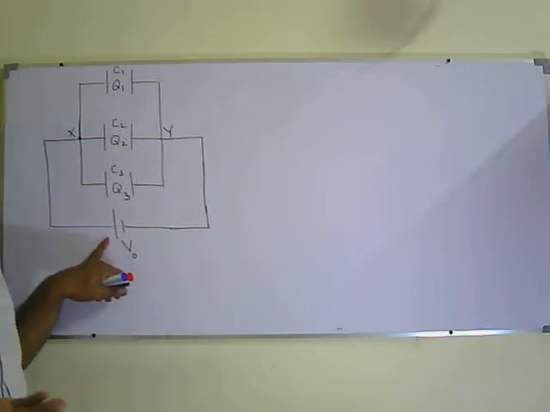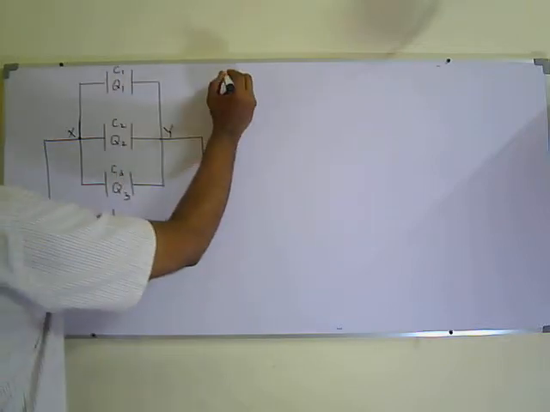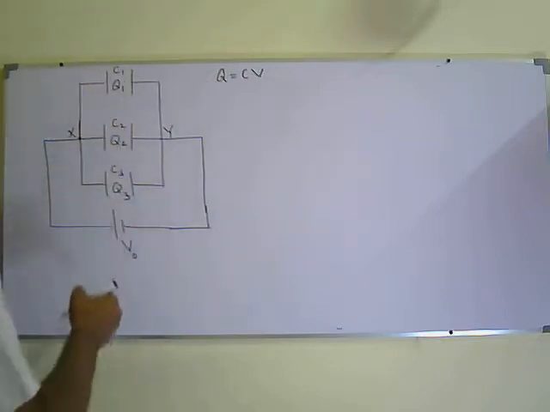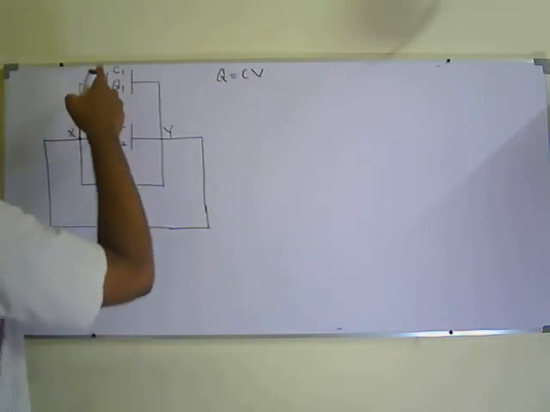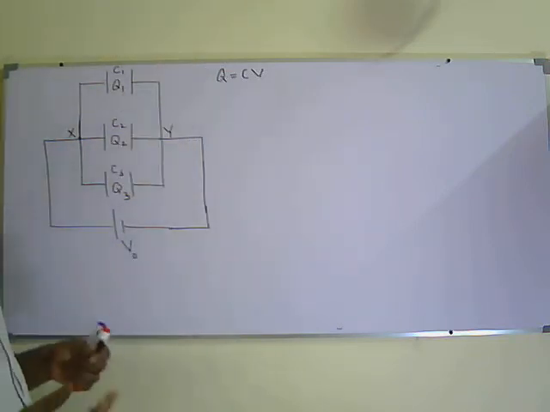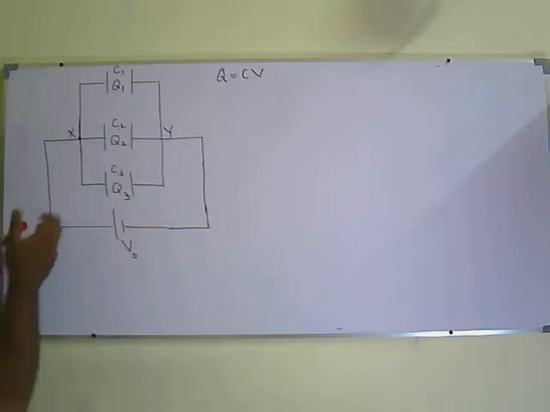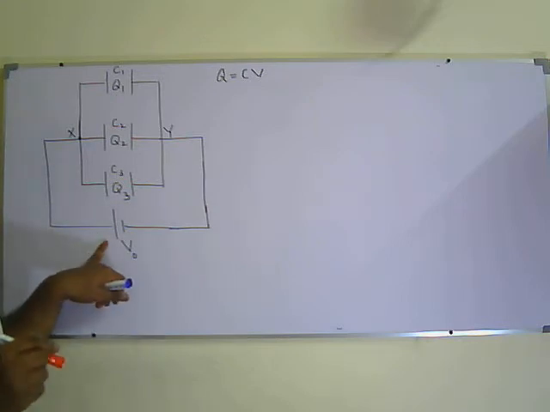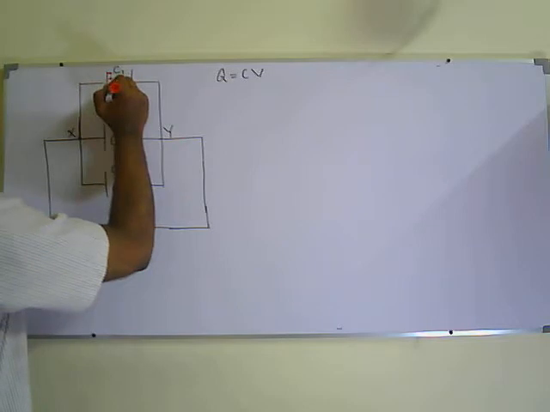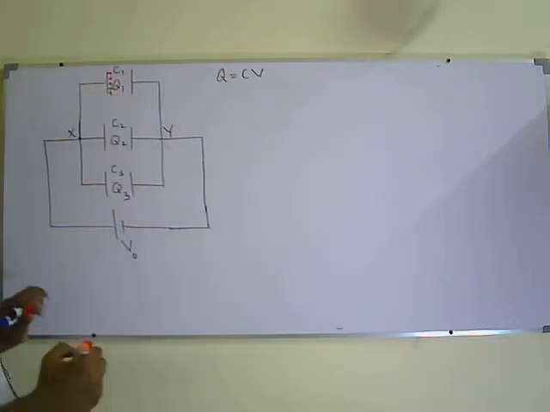supply. EMF is V0. Okay, so according to Q equals CV, since they all have the same voltage across them and they have different capacitance, they will have different charge. That means they will charge to different magnitudes. All the plates that are connected to the positive terminal of the DC power supply will carry positive charge, but they will carry different magnitudes of charge.